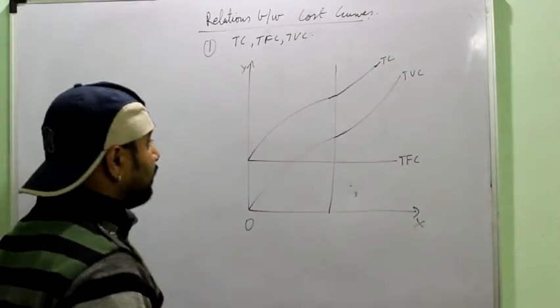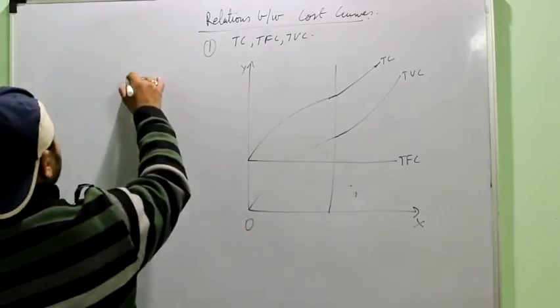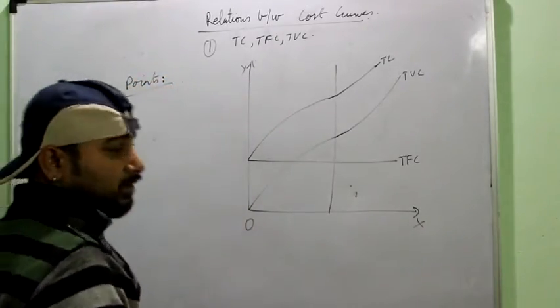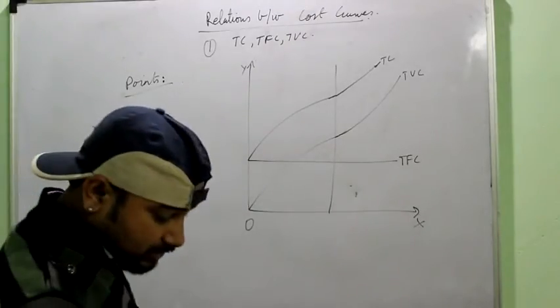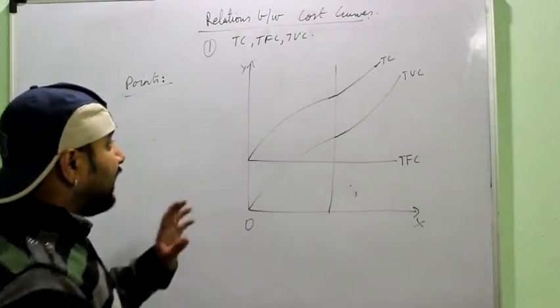This is the TC curve. When you are writing the relation, you have to draw the diagram and mention the points of the given relation. So whenever you are asked to explain the relation between TC, TFC, TVC or any other curve, the diagram is important.